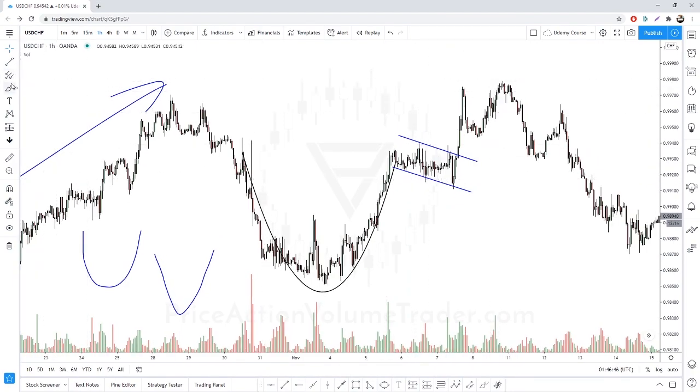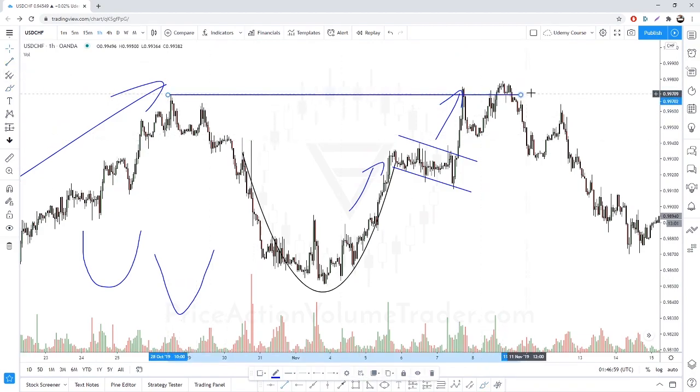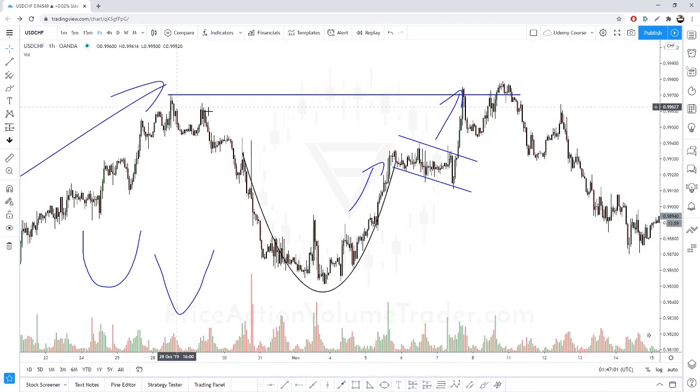And then what do we expect? Well, we expect continuation of the movement. And you can see right here, if we want targets, we could target the previous swing highs that we had over here. So as you can see, this is a good bullish continuation pattern.